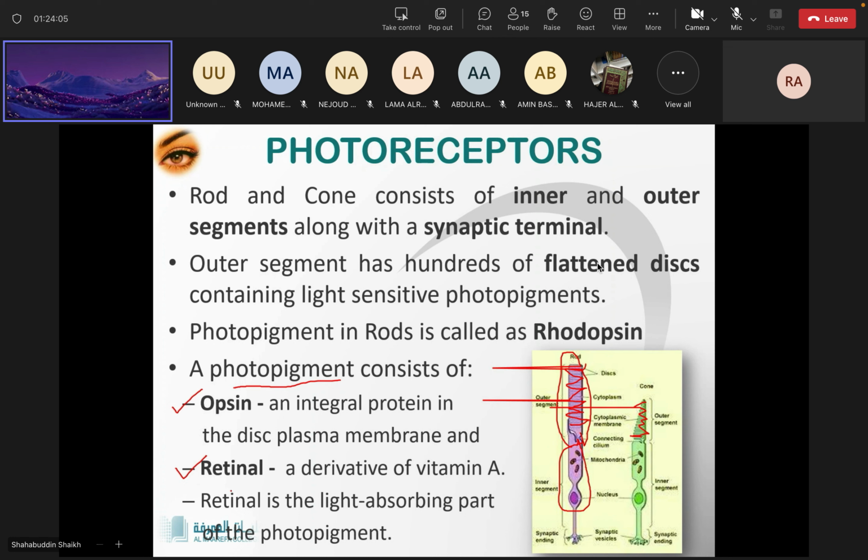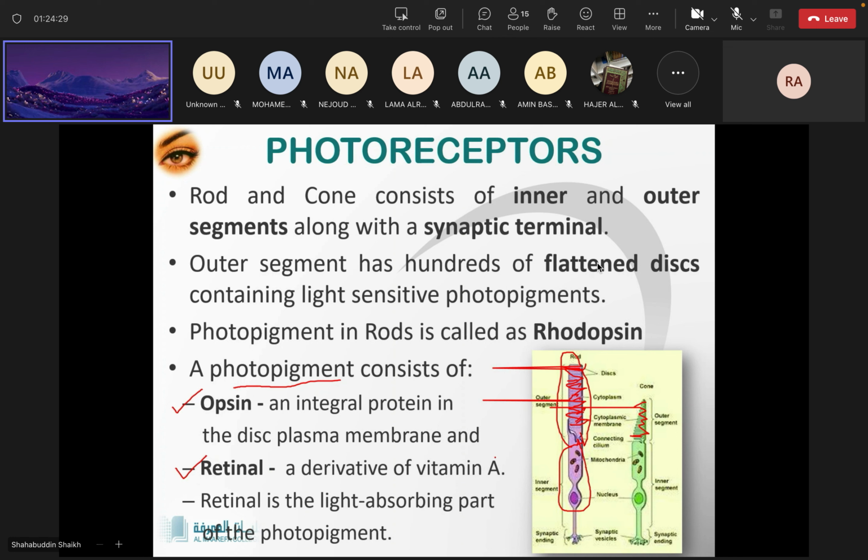One is opsin and one is vitamin A. Now you remember vitamin A deficiency causes night blindness. We have studied this in our schools, isn't it? So this is where the role comes in. So vitamin A derivative is stored in photopigment on these discs. So many discs are there in every receptor.